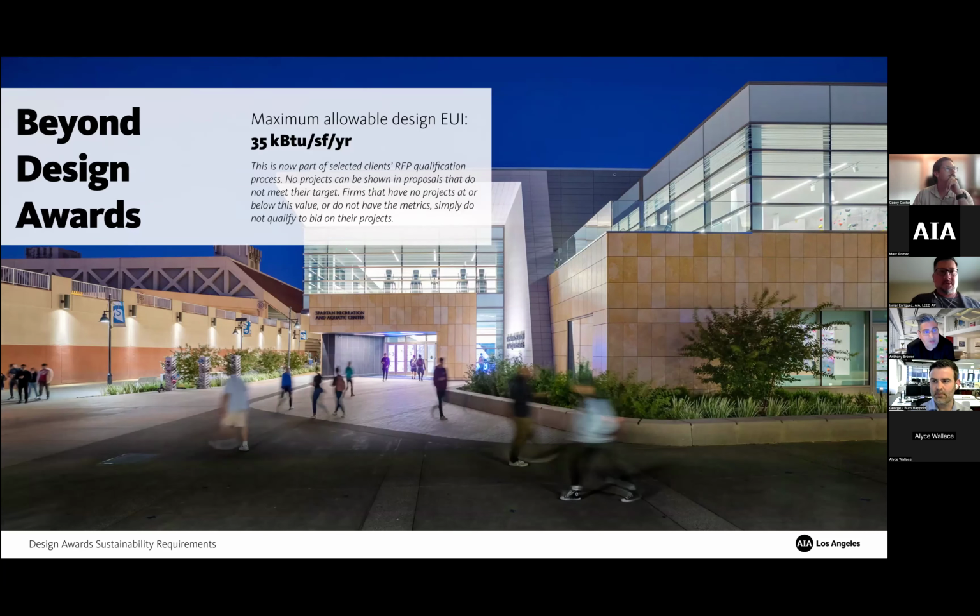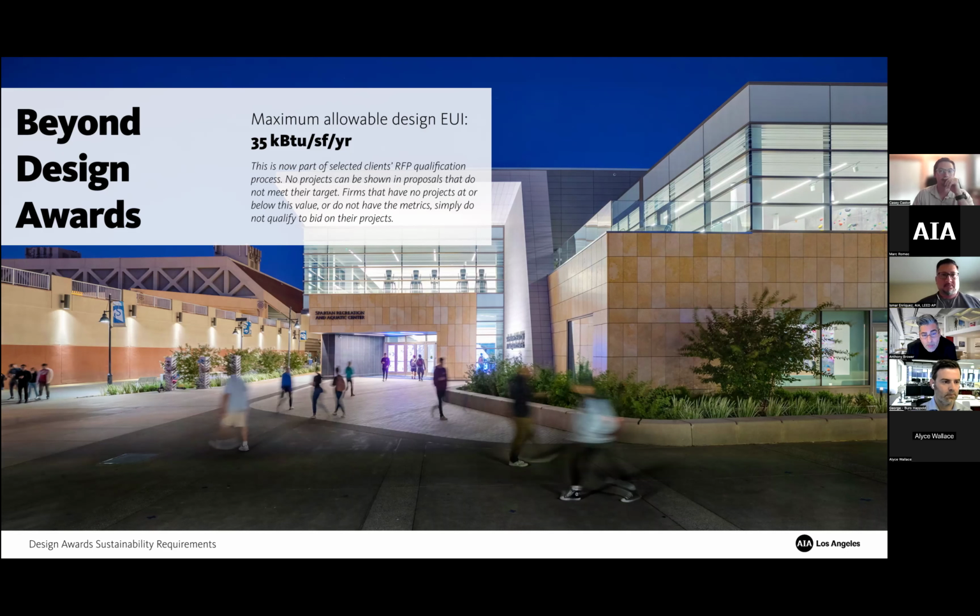So I left this in here, and I don't know how many of you are seeing this. This is an example of a request we've gotten from a client, where an RFP came out and they're telling us that they want us to design a building that is no greater than 35 kBTUs per square foot per year.